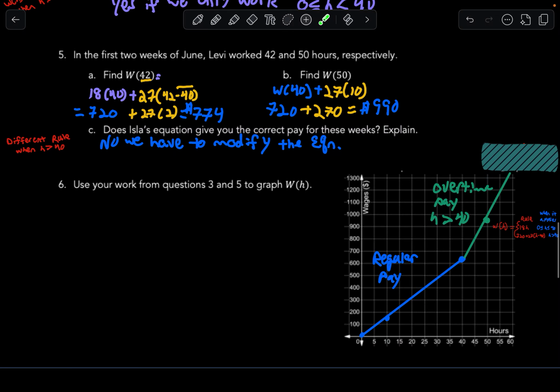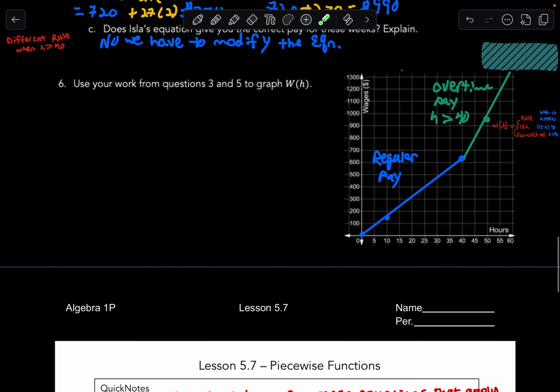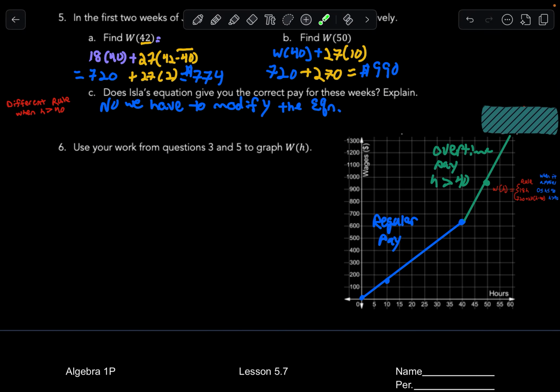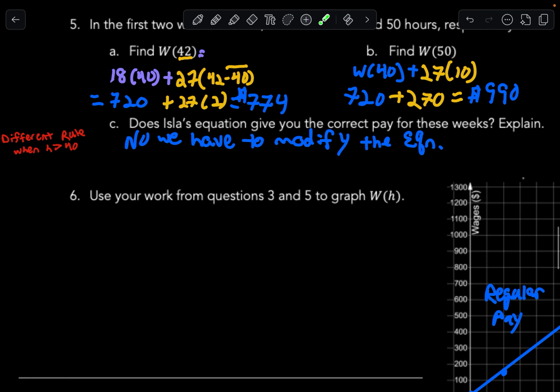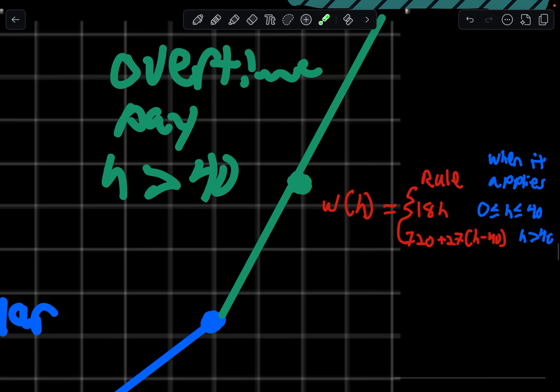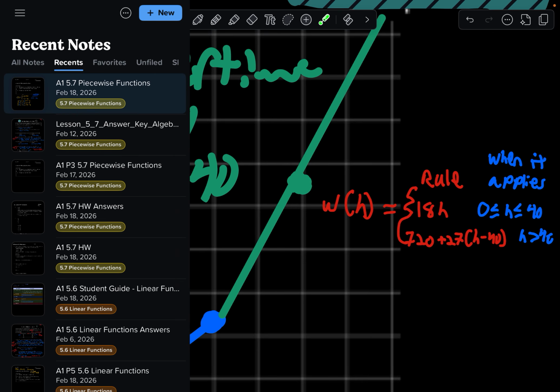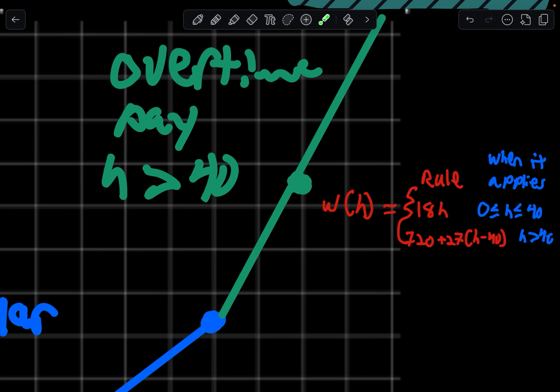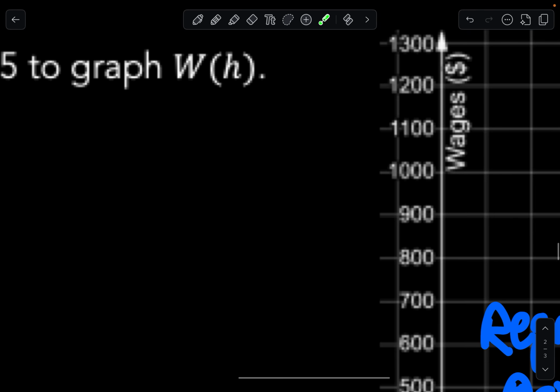So we have two pieces. As a matter of fact, we could write W of H. We have different rules for when H is greater than 40, and we can write the rule for W of H to include the overtime. Let me write it over here. A piecewise defined function is going to have two pieces.